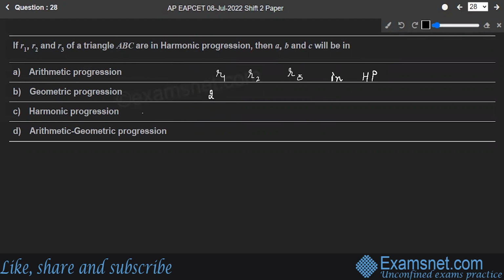That means 2 upon R2 is equal to 1 upon R1 plus 1 upon R3, which you can write down as 2 upon S minus B upon delta is equal to S minus A upon delta plus S minus C upon delta.